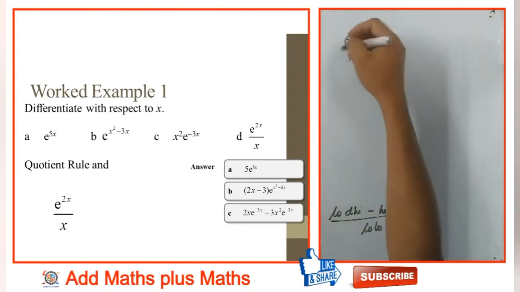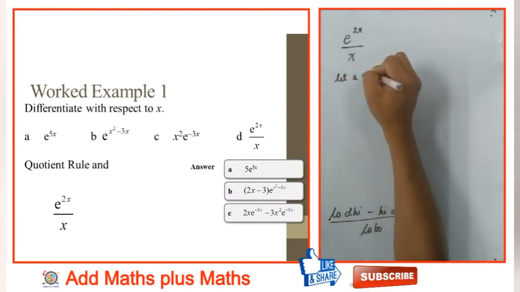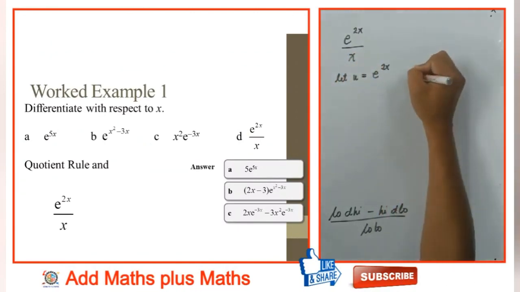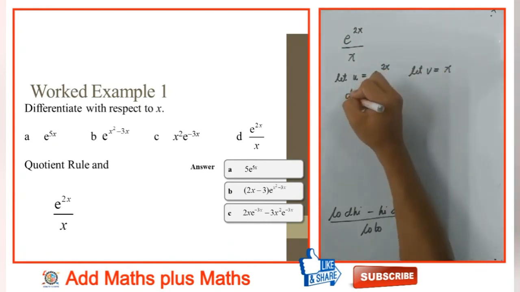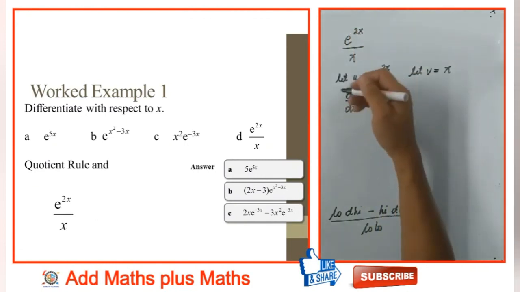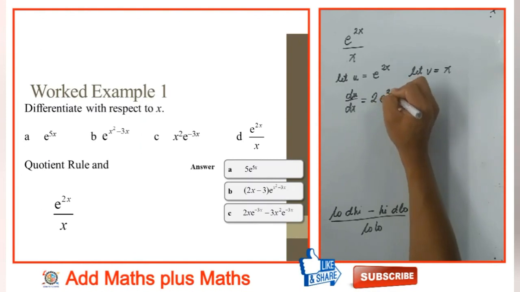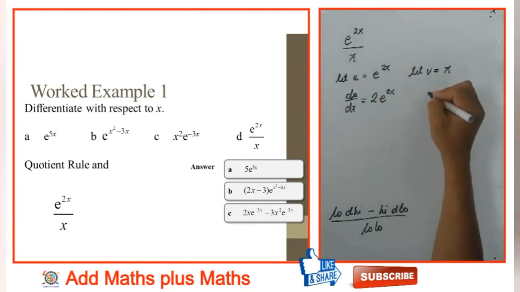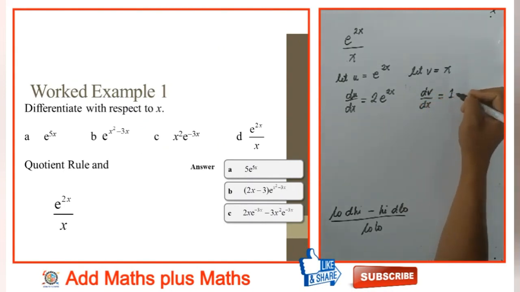So let u be equal to e power of 2x, let v be equal to x. du over dx, or the derivative of the one on top, or d high, will be equivalent to 2 e power of 2x. d low is dv over dx, which is equivalent to 1.